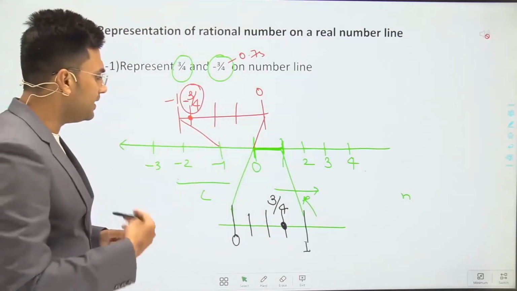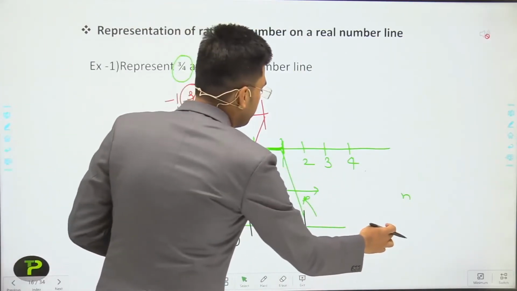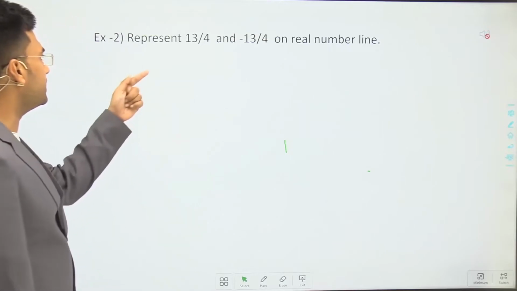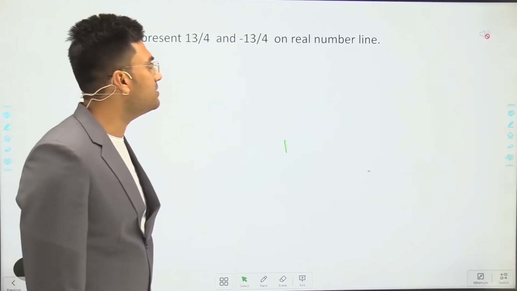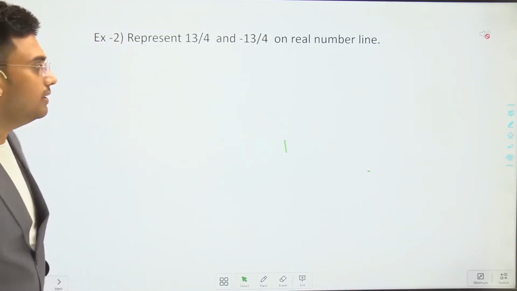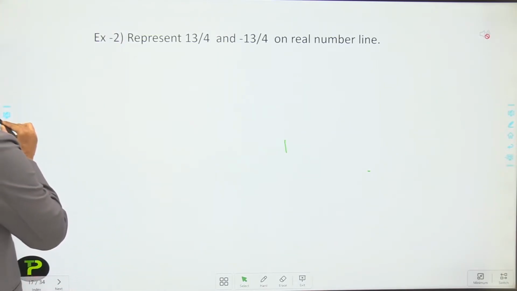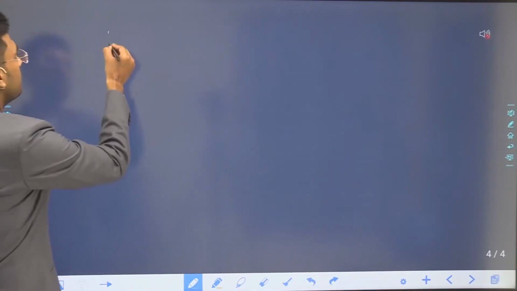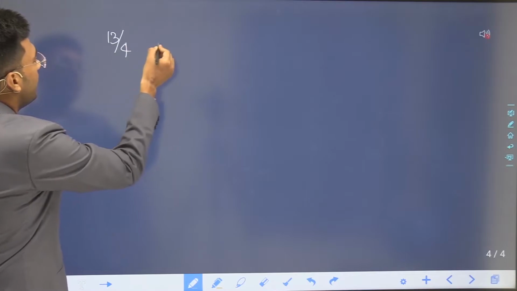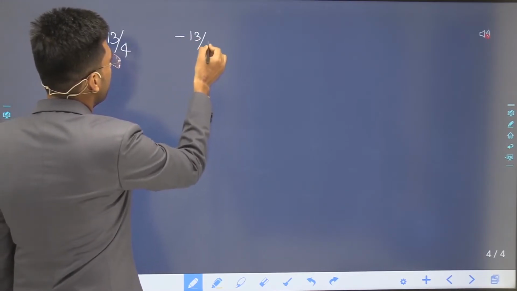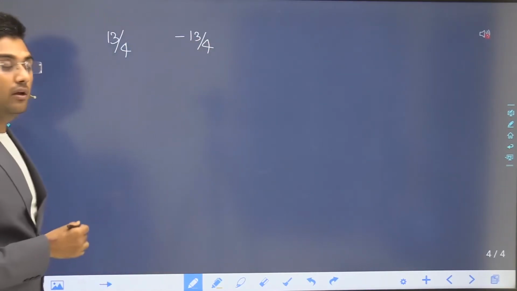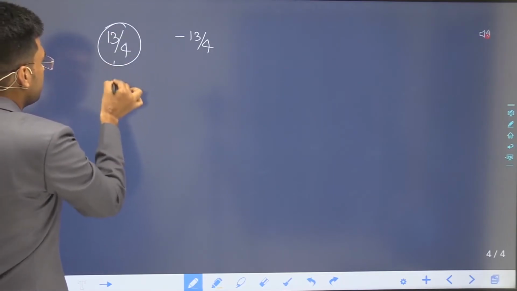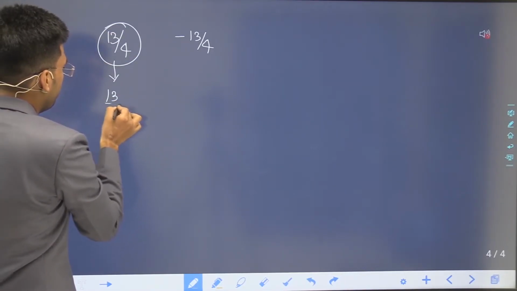Okay. For better understanding, let's take one more example. Represent 13 by 4 and minus 13 by 4 on a real number line. Let's solve this number. What is it? 13 by 4.